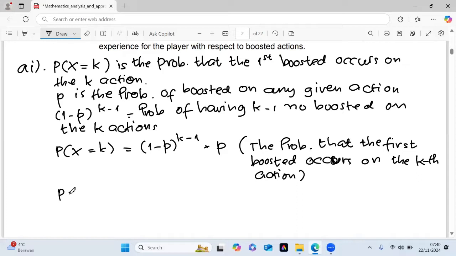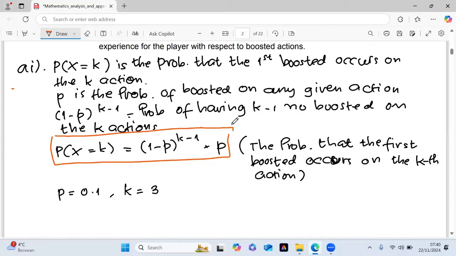Now, given the probability 0.1 and k is 3, if we substitute into this formula, we can determine the probability X equals 3 is equal to 1 minus 0.1 power 3 minus 1, times 0.1.